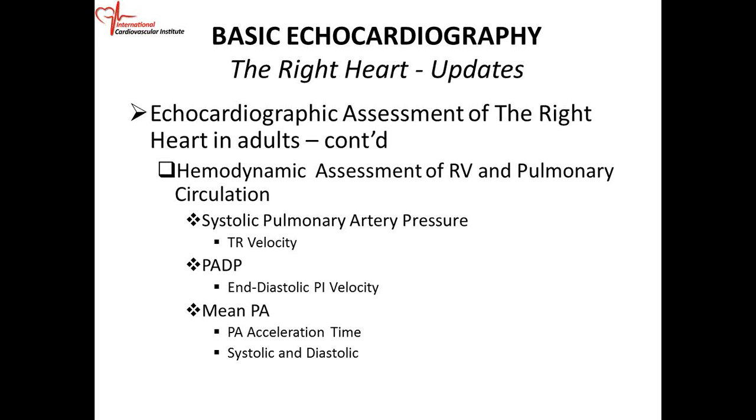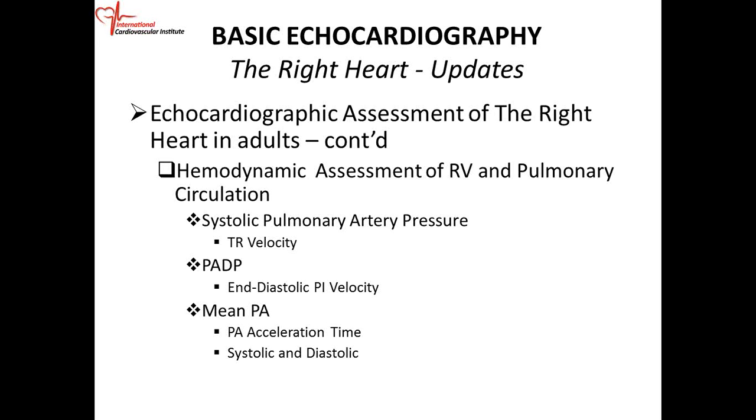So that gradient, which is the RV systolic pressure minus the RA pressure, is equal to 4V squared, modified Bernoulli equation. V is the velocity of that tricuspid regurgitation. So if you square the velocity and multiply it by 4, you get the gradient.